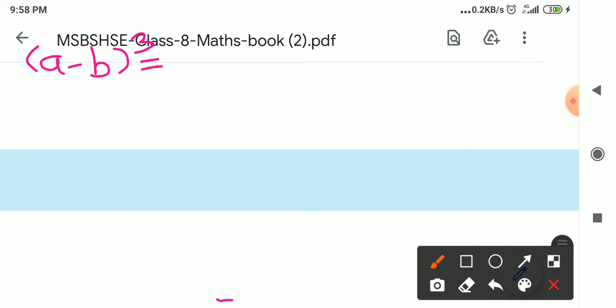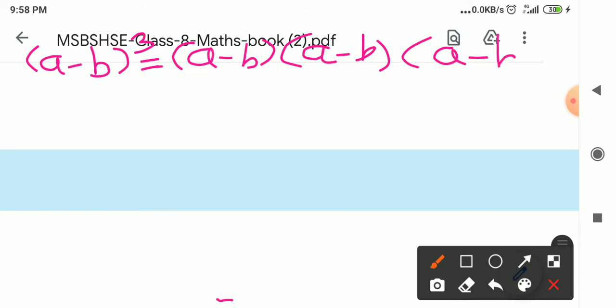So here (a - b), another bracket (a - b), and here (a - b). This means only (a - b).